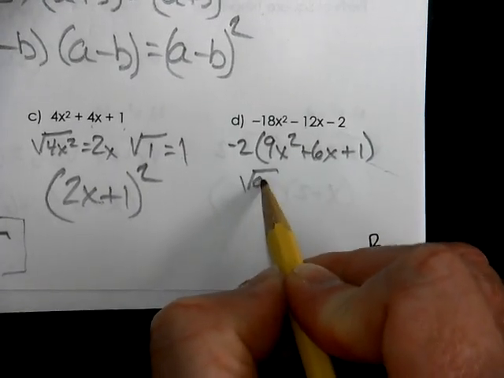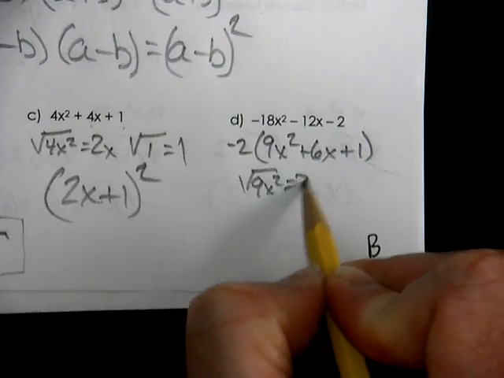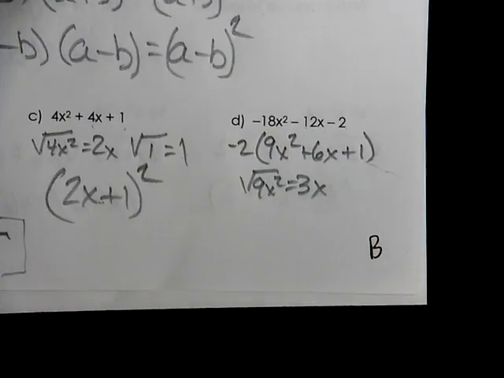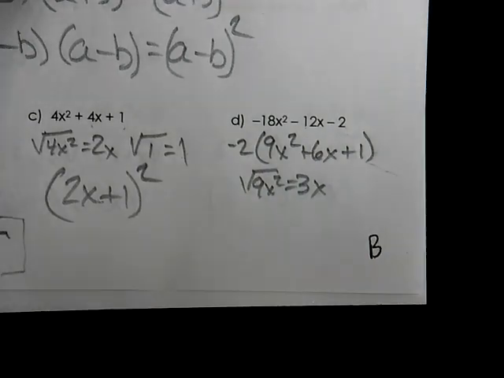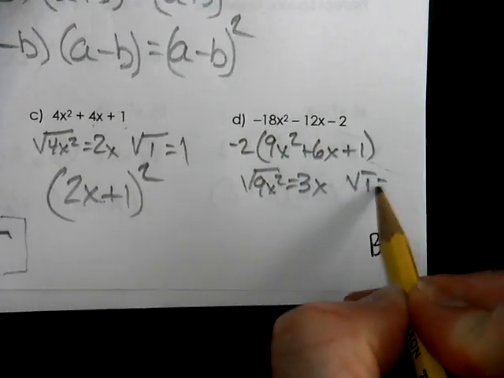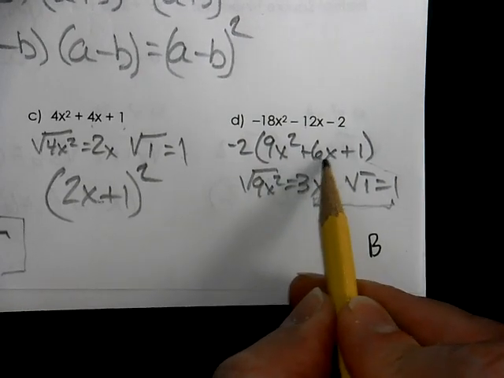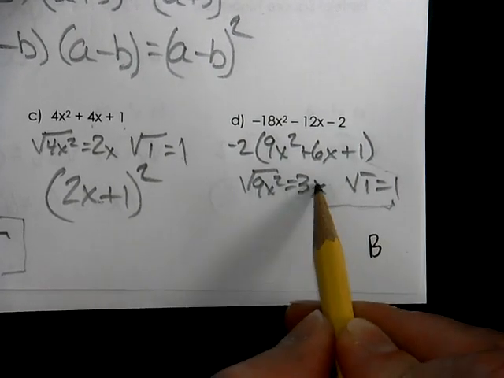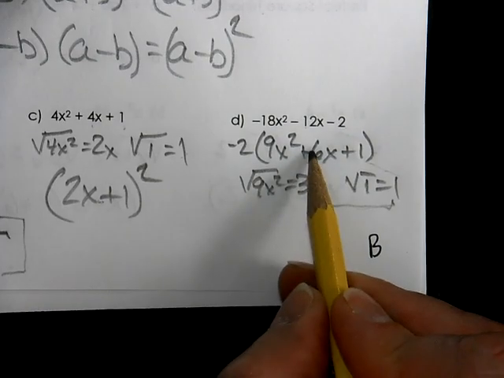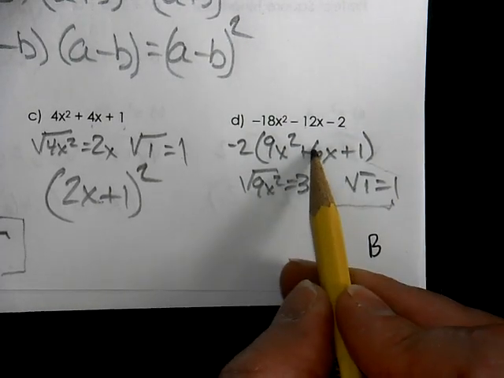You can just do it in your head if you like, but I would love to have you write it down. Can you take the square root of 9x squared? Can you take the square root of 1? When you multiply those two together, is that half of 6? All right, 3 is half of 6.